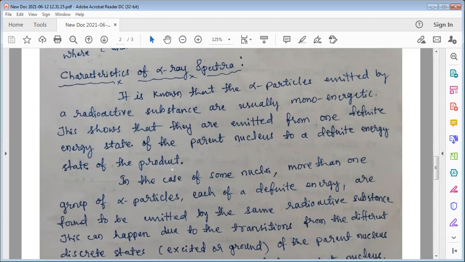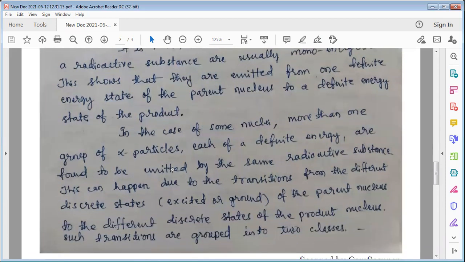But what happens in the case of some radioactive nuclei, more than one group of alpha particles, each of a definite energy, are found to be emitted by the same radioactive substance.